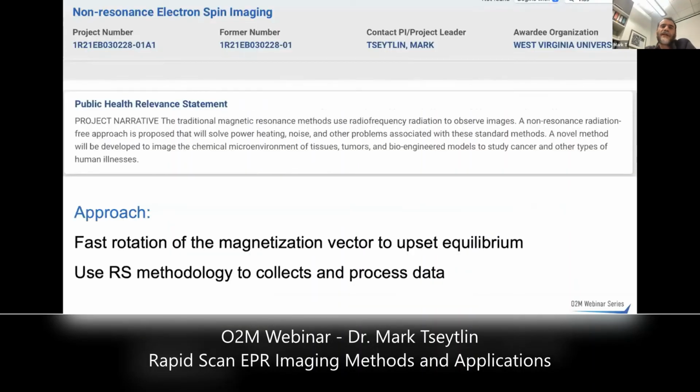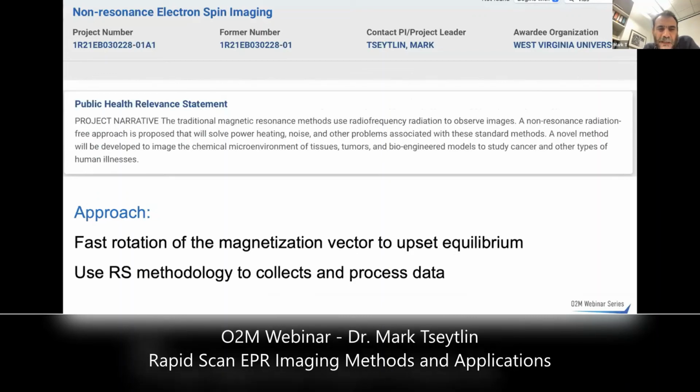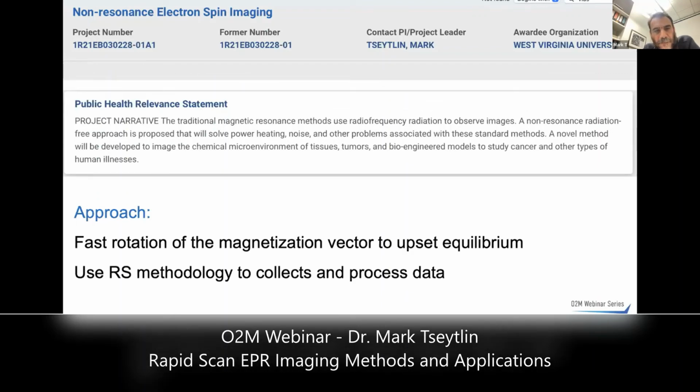Another approach is what they call high risk, high impact. Recently we got an R21 to do EPR imaging without using RF excitation at all. The idea here is to use a rapidly rotating magnetic field to create a non-equilibrium situation and measure rapid scan kinds of signals without using any power at all.